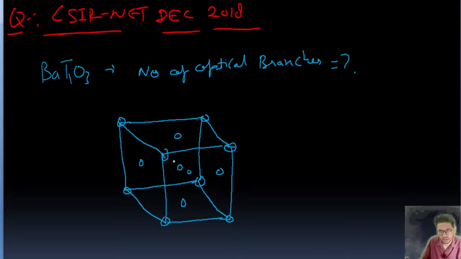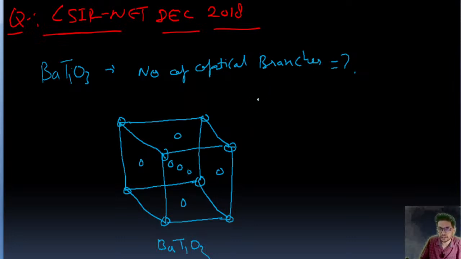So this is the structure given, and this is the structure of barium titanate, BaTiO3. It's a 2018 question, guys. Now you need to find out the number of optical branches.